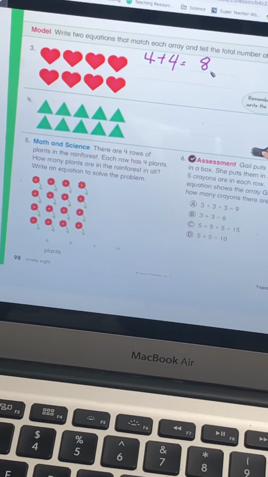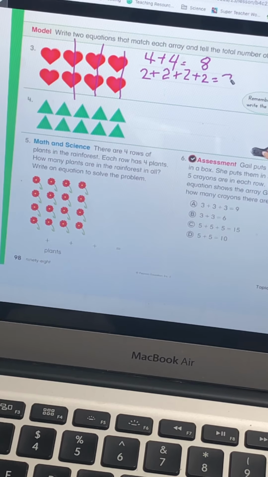Now we have to count the columns. How many hearts are in this column? 2 plus 2. We're not done. Plus 2 plus 2 equals what? 8.